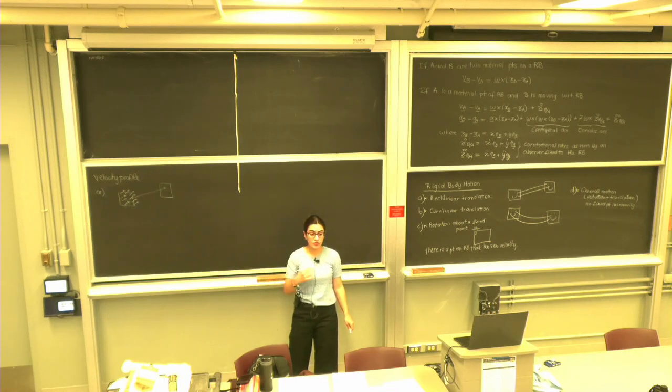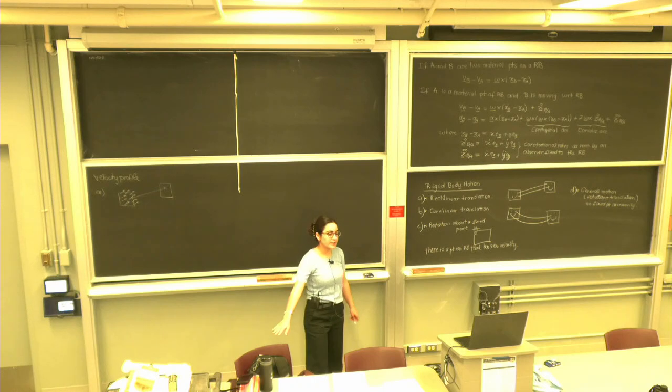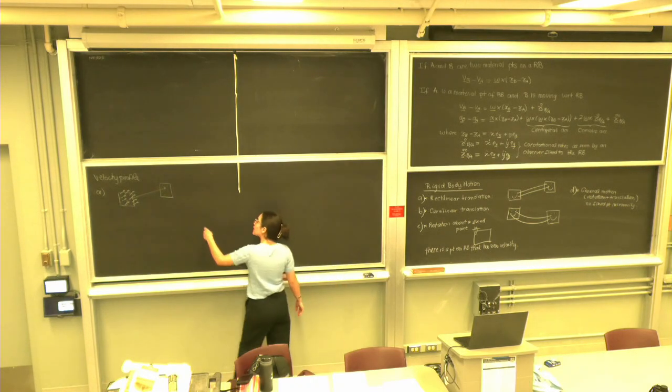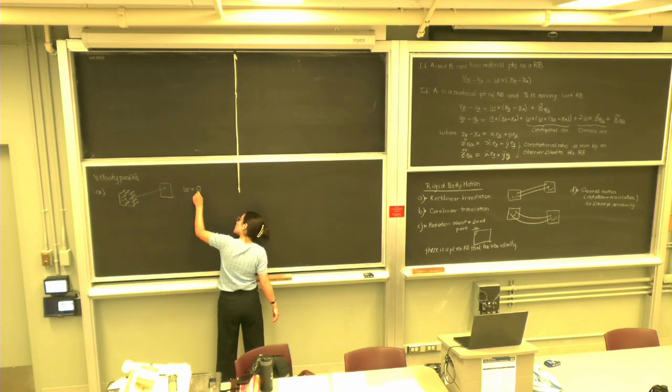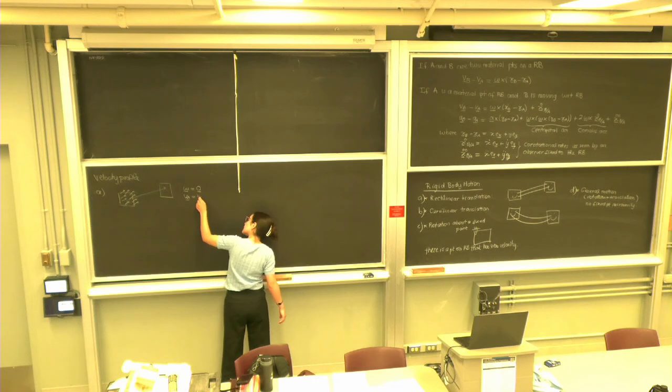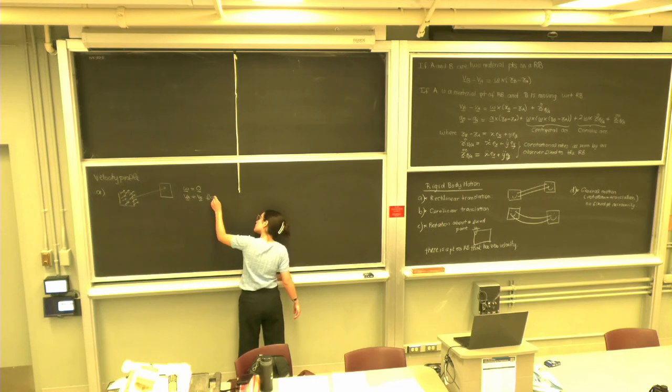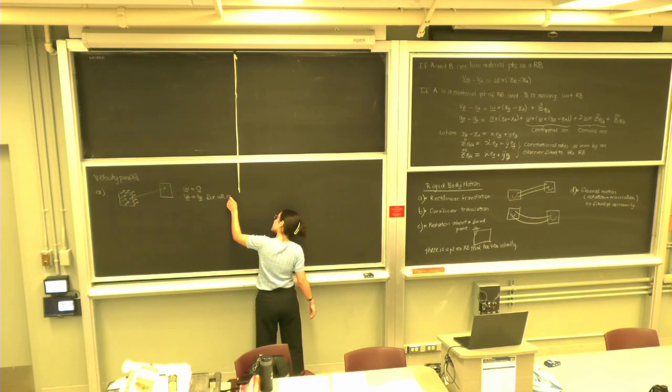For a body that's just translating, what is omega? What is its angular velocity? 0, right? Omega is equal to 0. So VA is equal to VB for all material points.